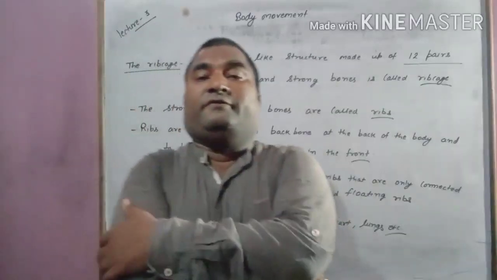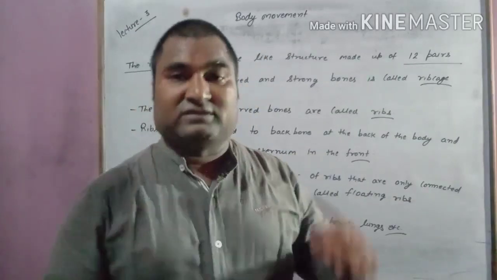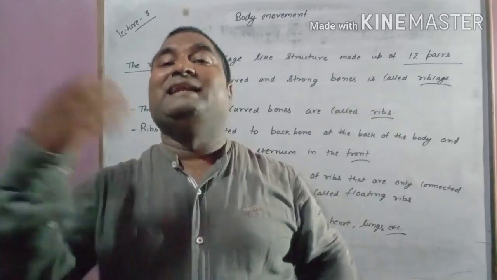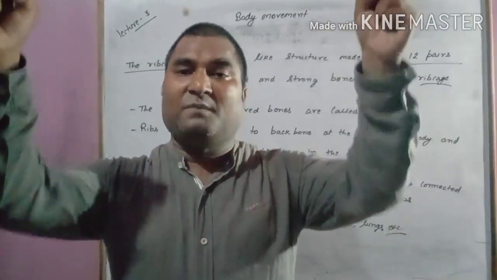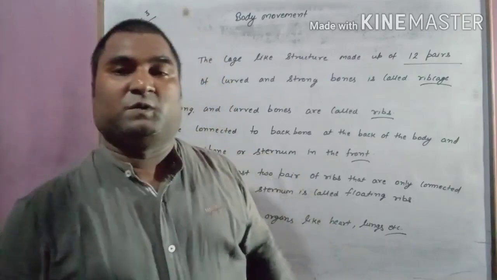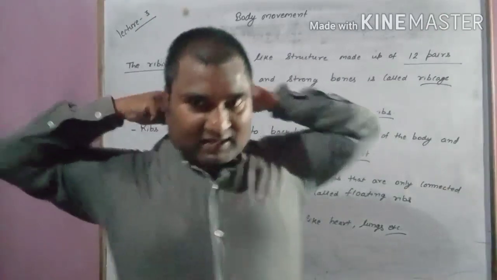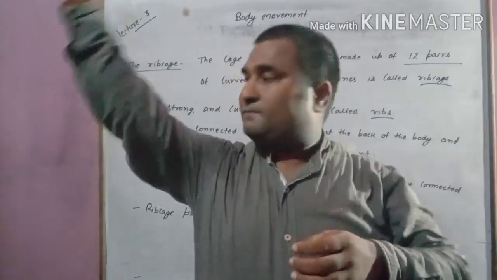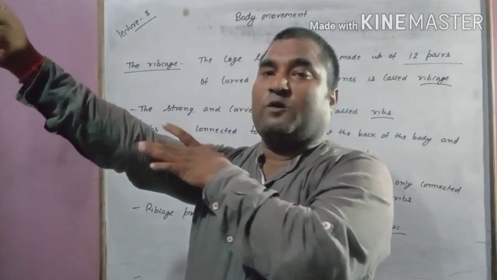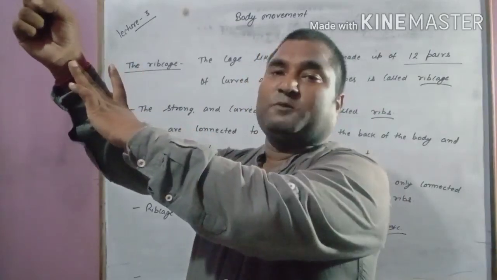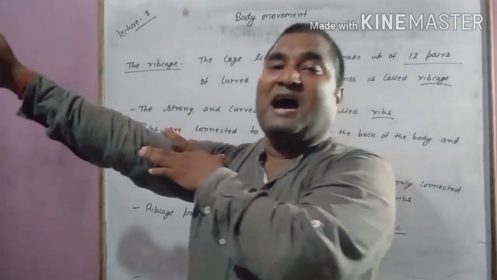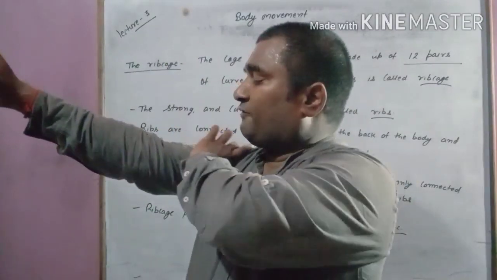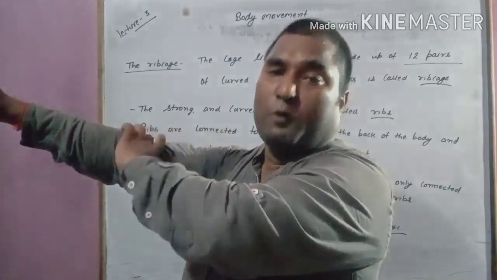Next, we have to talk about the arms, the limbs. We have two pairs of limbs, two arms and two legs. If you see this structure, this portion is called the upper arm and this portion is called the forearm. The upper arm is made up of a single large bone.